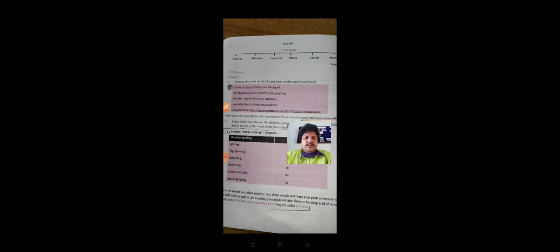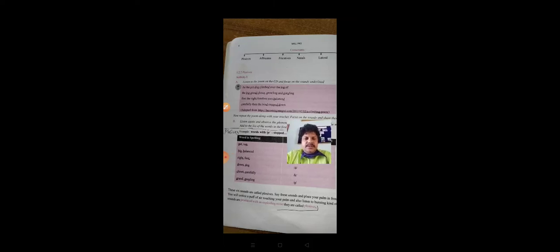Consonant sounds means, suppose pa, ta. Except a to ow sounds, which are vowel sounds, all remaining sounds are consonant sounds. Means pa, ba, ta, ka, cha, ja. All these are consonant sounds. Let us see what they are: plosives, affricates, fricatives, nasals, lateral, approximants or semi-vowels.